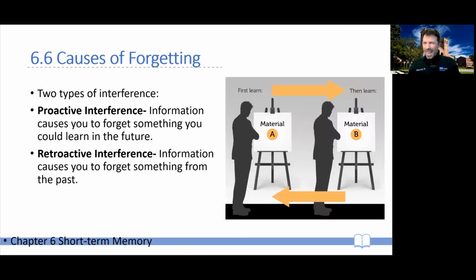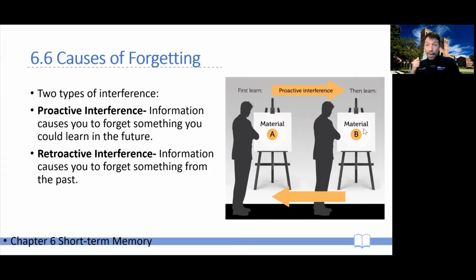Now, generally speaking, there are two main types of interference that can happen. We refer to the first one as proactive interference. This is when information that you study now is going to later affect something else that you try to memorize. So in the case of this example, whatever materials A you're studying now risk interfering proactively, towards the future, with future things that you want to learn.